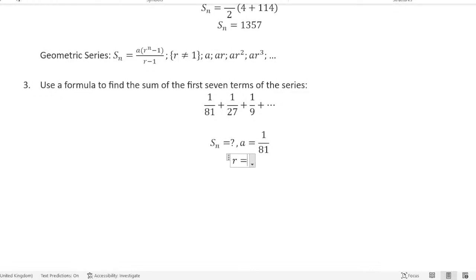R is equals to successive term divided by previous term.